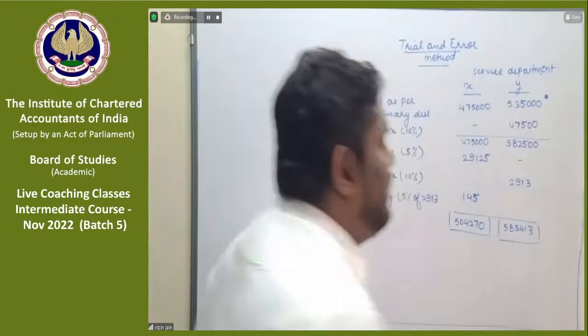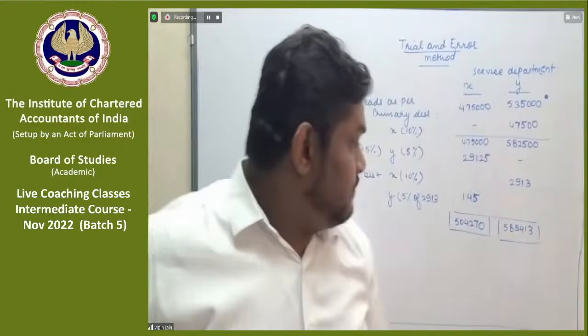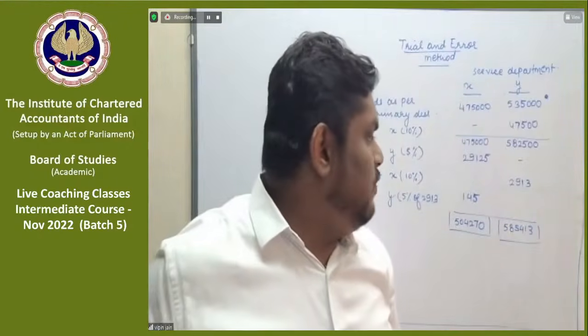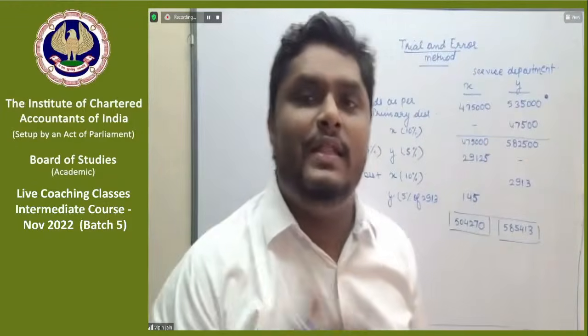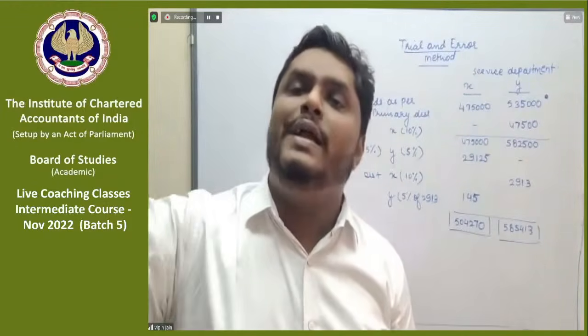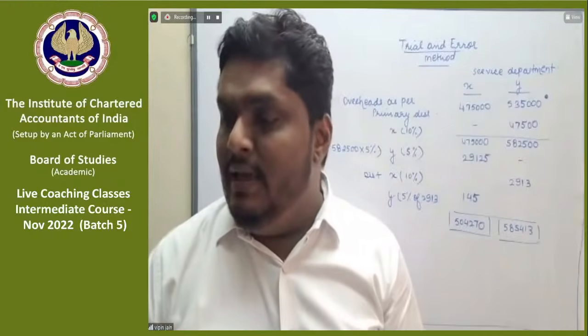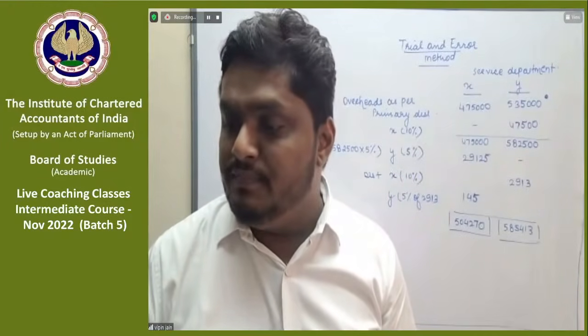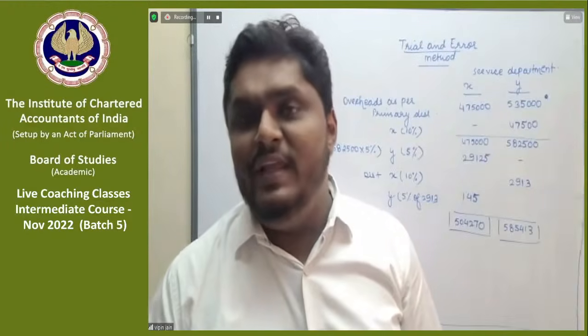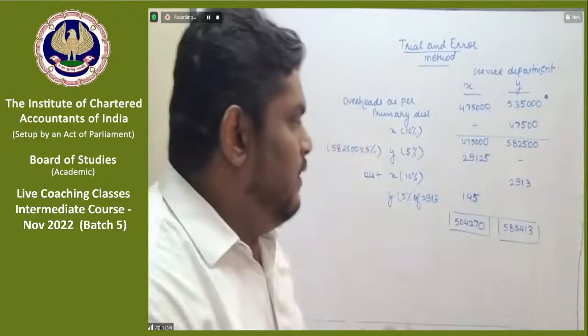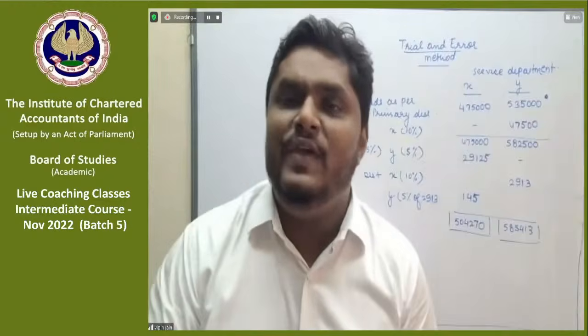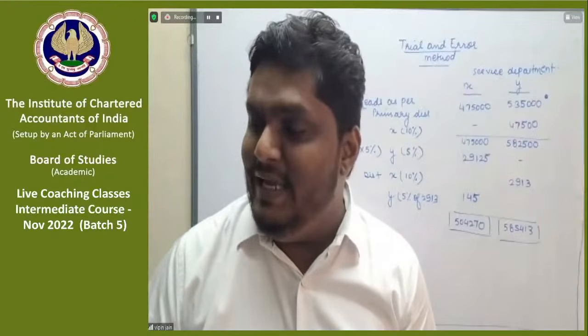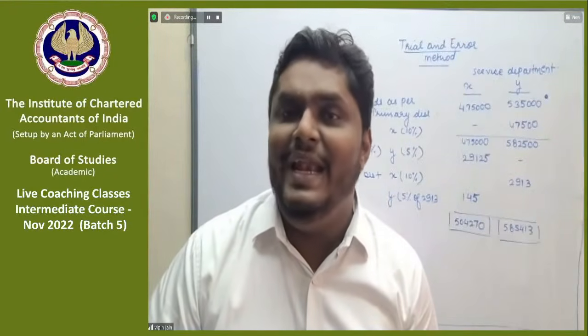Now we have got the total overheads, that is 504,270 and 585,413. Now this will be distributed to A, B and C in the ratio of 45, 15 and 30.